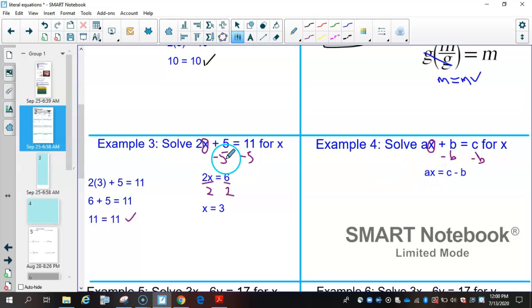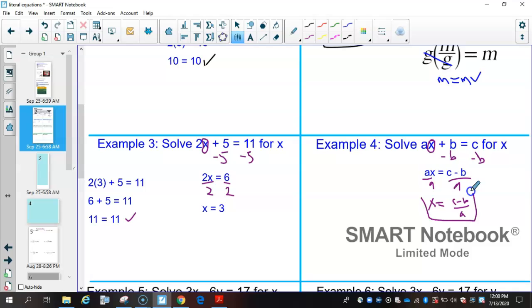Well, now, in this step, I divided both sides by 2. Here, I can also divide both sides by, in this case, a. So my final answer would be x equals c minus b all over a.